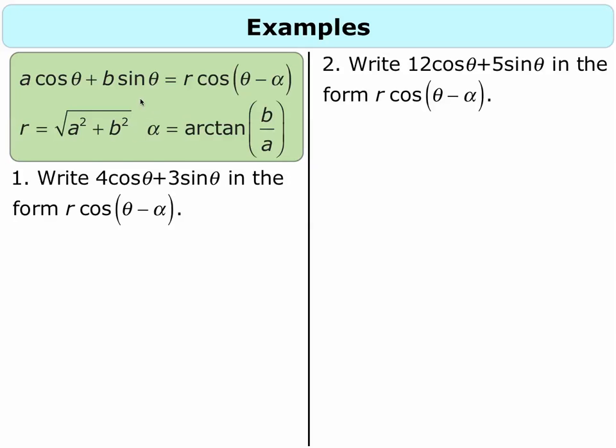Now that's useful because if R is the square root of A squared plus B squared, and we know that alpha is arctan B divided by A, we can now answer questions like this.